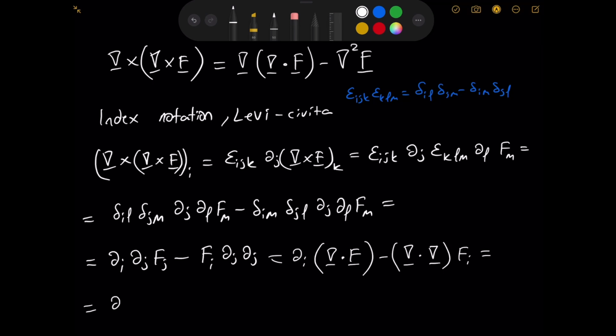Moving on, we keep this one, and of course, del j del j is in fact the same as the Laplacian. You can see that because if you multiply them, you have d by dx, you multiply with another d by dx.